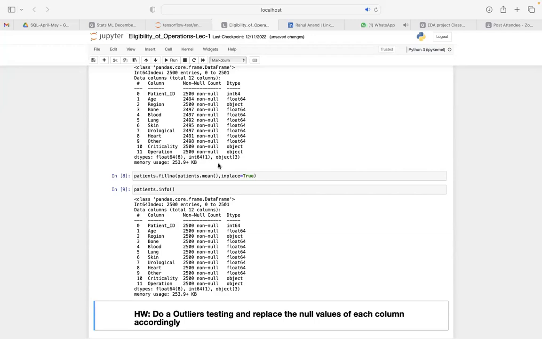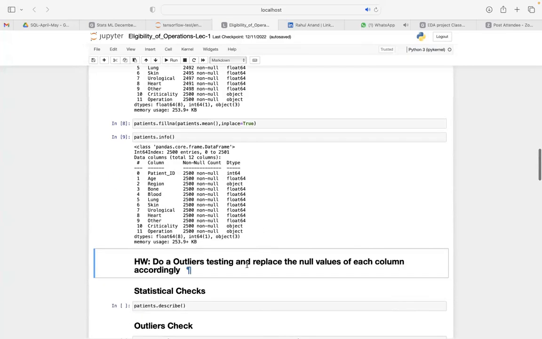Okay. And there are some missing values in each and every variable, and the missing values are present in numeric data type only. So float64, basically you can see that they are present in those. And only in numeric data type columns you can replace it with mean or median, but that's not the point. The point here is that you have to test the outliers.